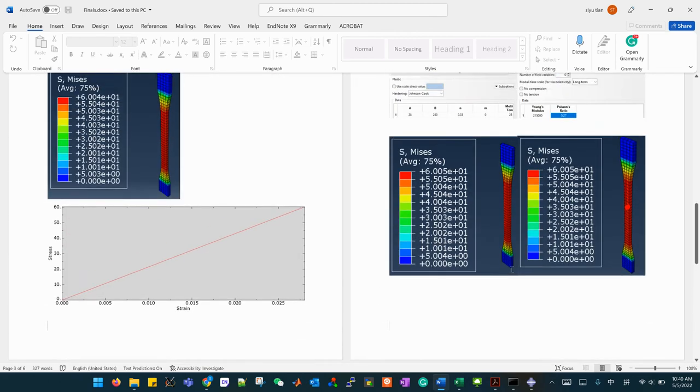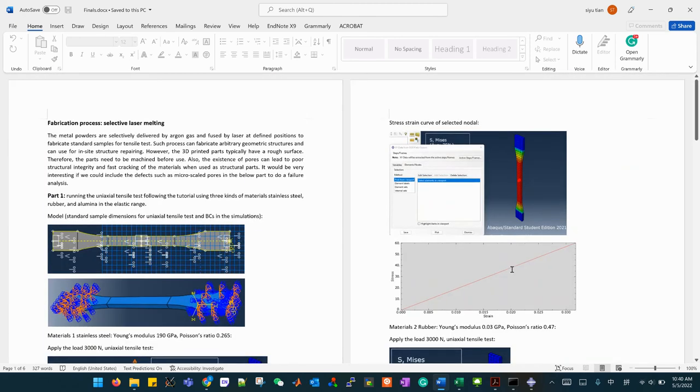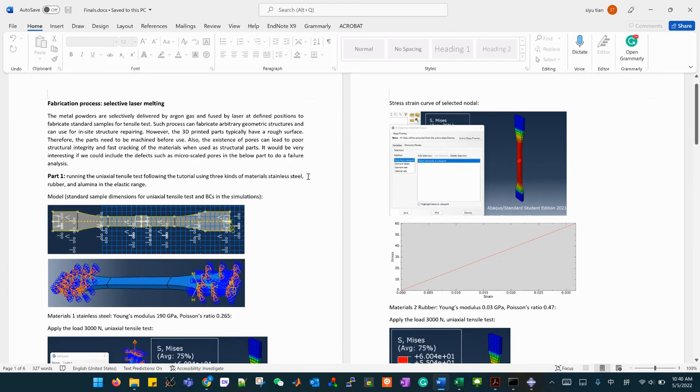The second thing is about the fabrication, because if we use additive manufacturing, the parts currently have lots of porosity, and that will have a big impact on the mechanical properties of your samples.